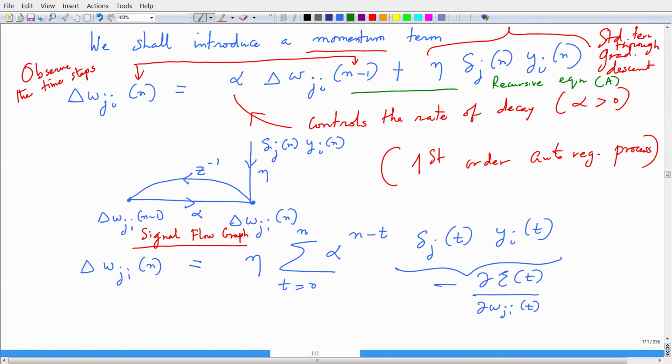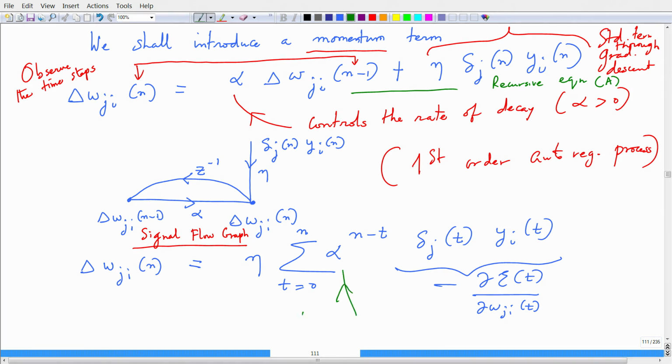And you can interpret delta j times yi to be the negative gradient of the error with respect to the synaptic weight, and you have this eta, which is basically what you have here, and this alpha now regresses itself in powers of a decaying exponential, right.